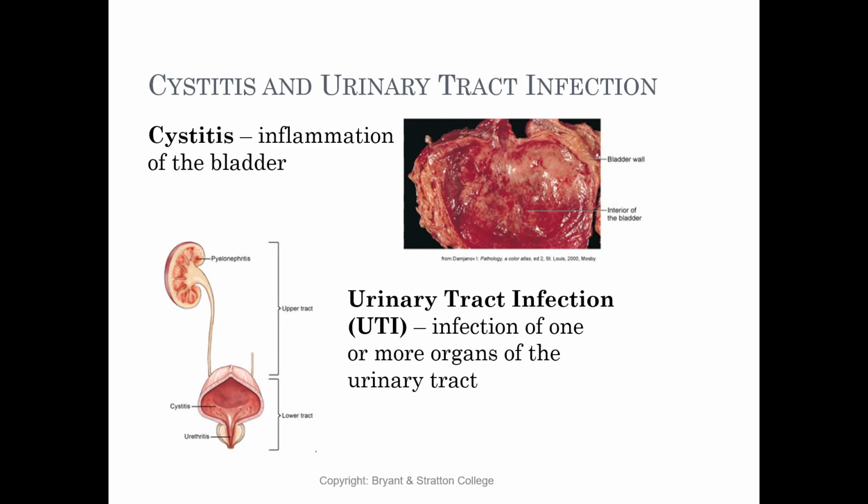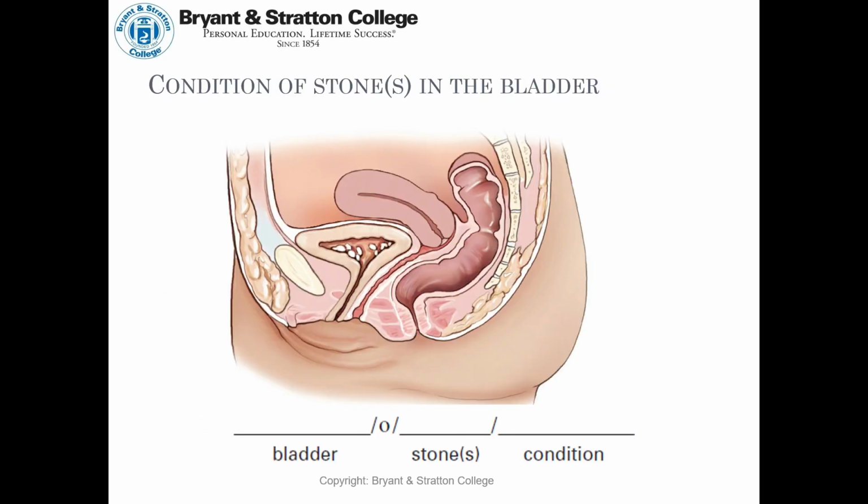We can also get a urethritis, which is just itself, or you can get something like a nephritis or a pyelonephritis, which is up in the kidney itself. Again, bladder stones, they behave just like stones that we talked about in the digestive system.